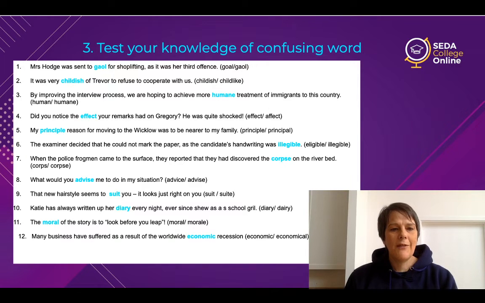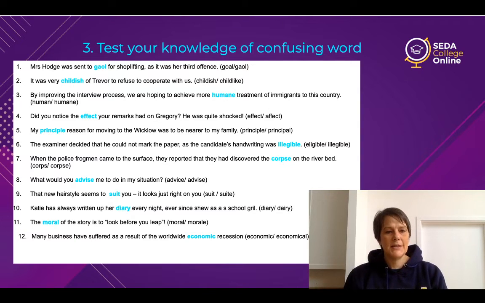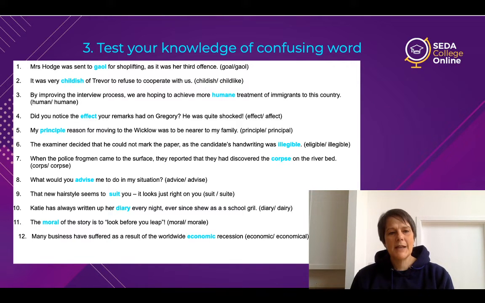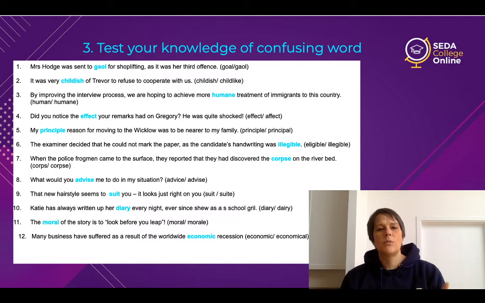What would you advise me to do in this situation? Advise with an S is a verb, advice with a C is a noun. The new hairstyle seems to suit you. It looks just right on you. So suit is S-U-I-T, and a suite of furniture is like a French word, and that's why it looks different.